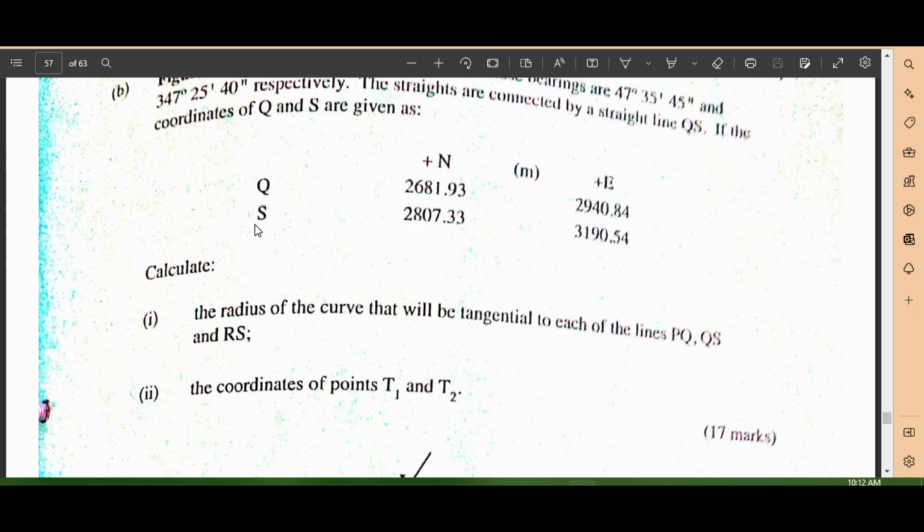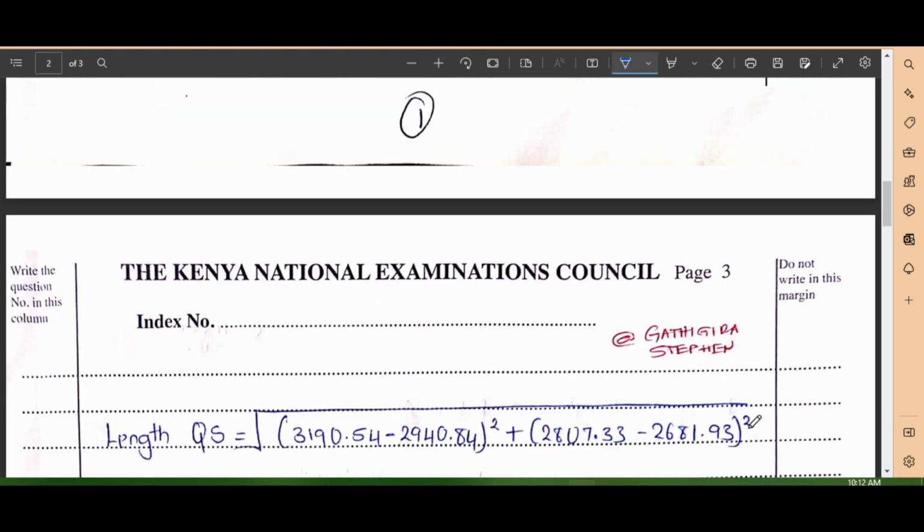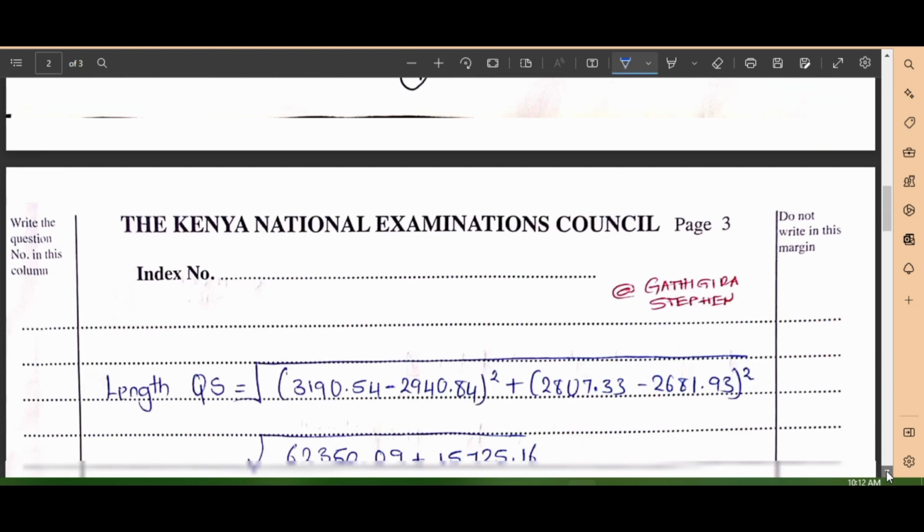So if the line is QS, I start with S, so this will be 2807.33 minus 2681.93, and my answer I square it.